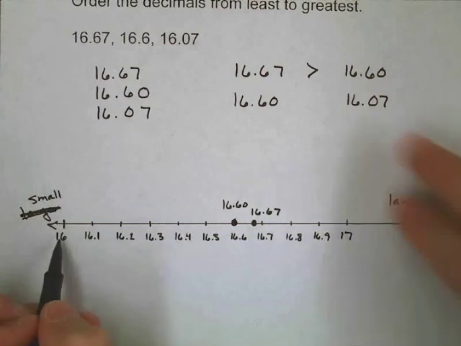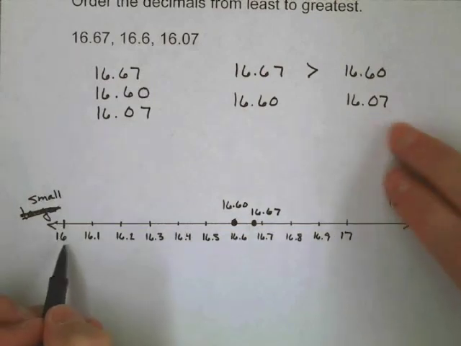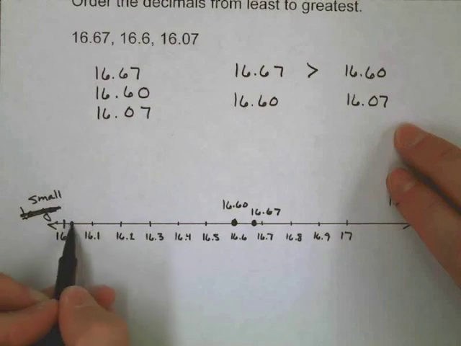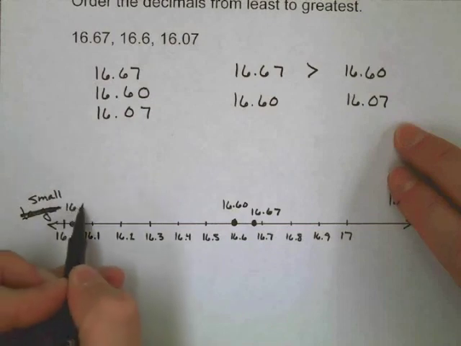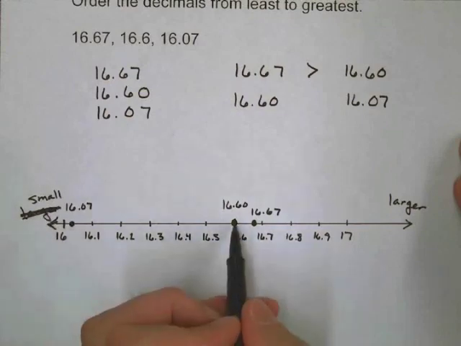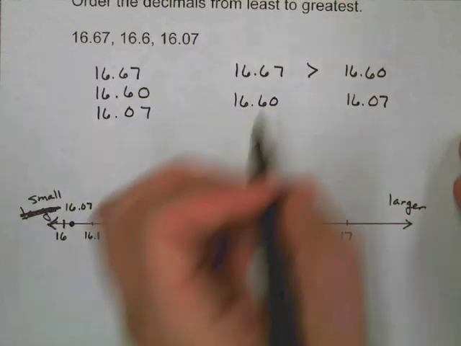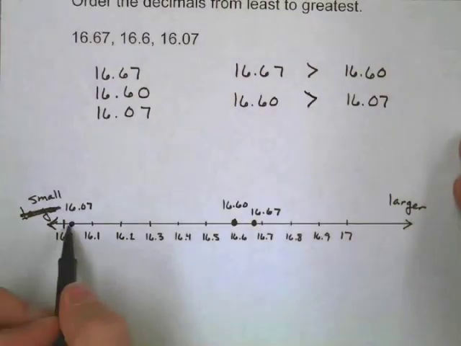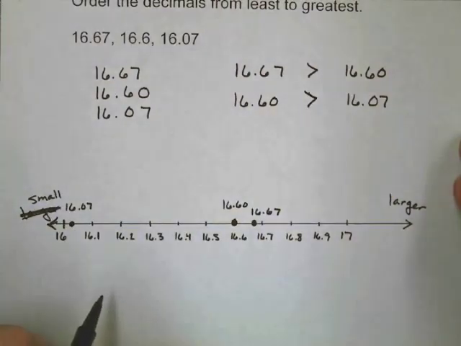But it has a little bit more than 16, so it's somewhere between 16 and 1 tenth. So right about here, 16 and 7 hundredths. Well, that's much further to the left on my number line, so it's much smaller than 16 and 60 hundredths. So I can say that 16 and 60 hundredths is larger than 16 and 7 hundredths.